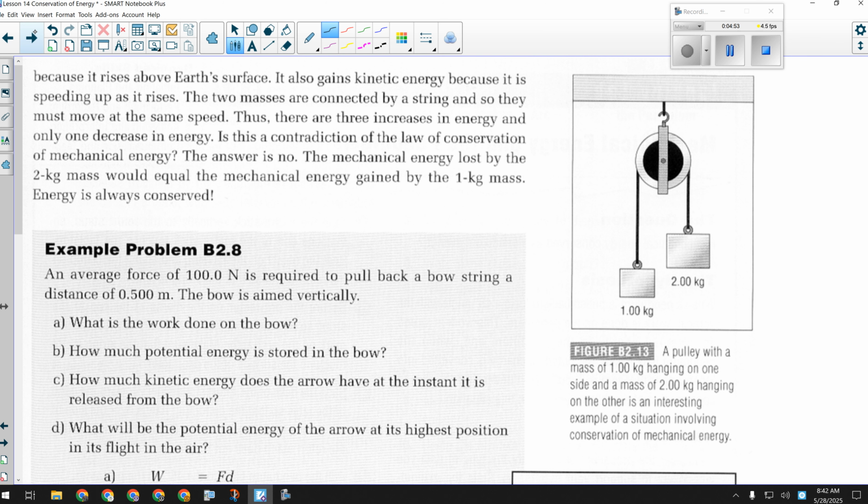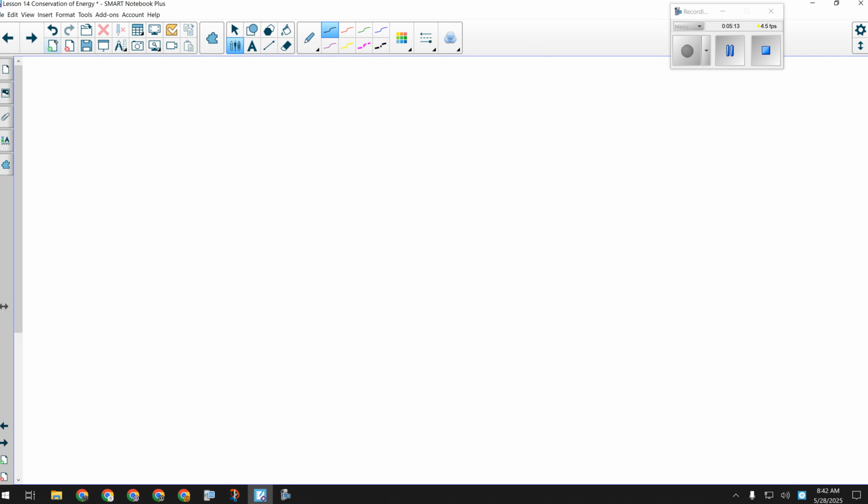So the challenge with a conservation of energy question is the same as with a work energy theorem question. I have to identify what kind or kinds of energy an object has at point 1 and then again at point 2. So let's look at a simple example.